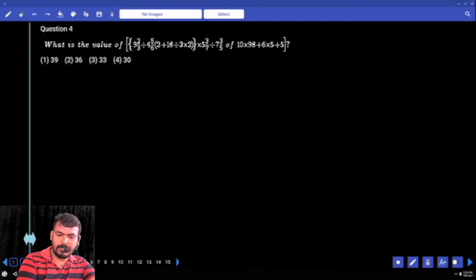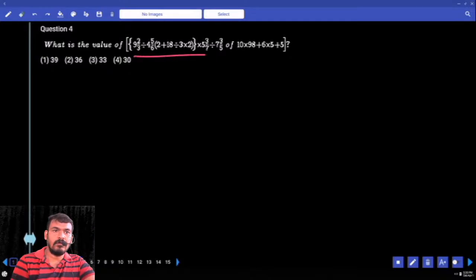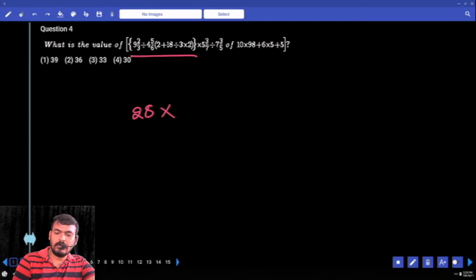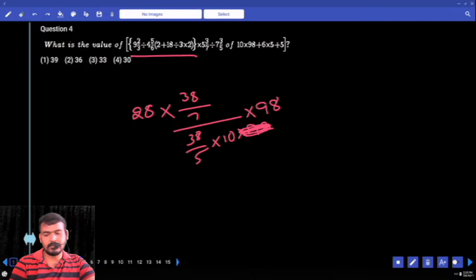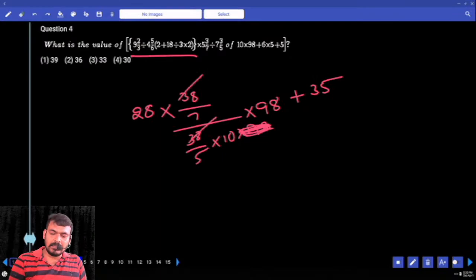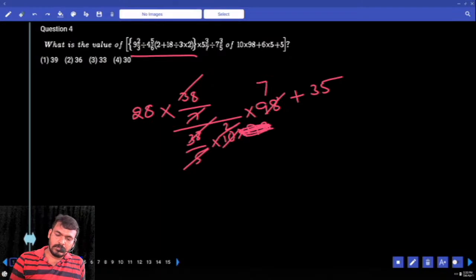Maybe this total value we are getting 1. 28, this total value 28 into how much? 38 by 7 divide by how much? 38 by 5 into 10 into how much value? 98 plus 35 or 38 cancel. 5 how many times? 2 times or 7 into 2 14 almost 7 times.